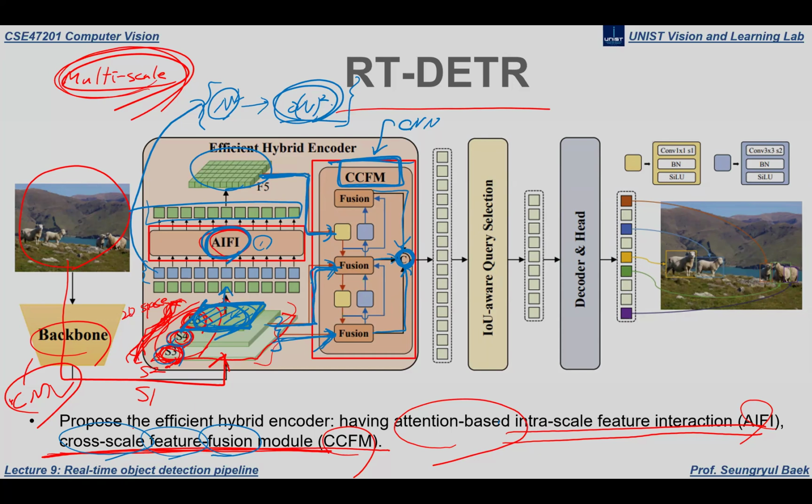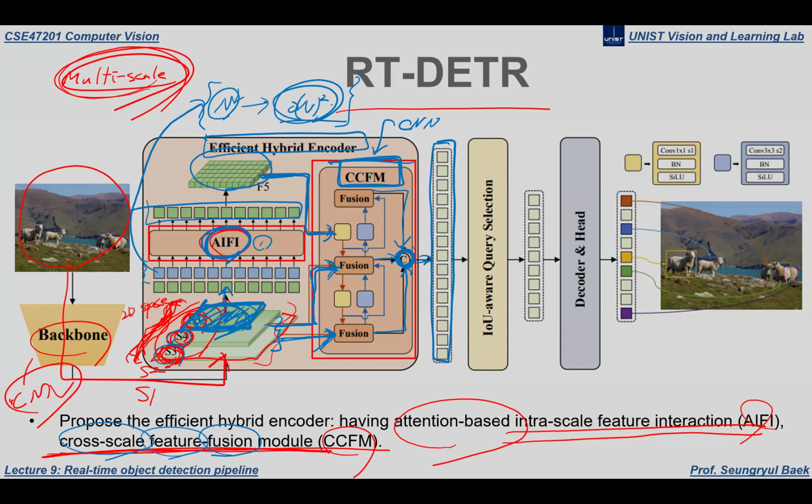Okay. Their high level concept is applying attention on the smallest 2D features and combining the multi-scale features using the CNN operation, which is simpler. And this is the final feature that is outputted from the encoder.